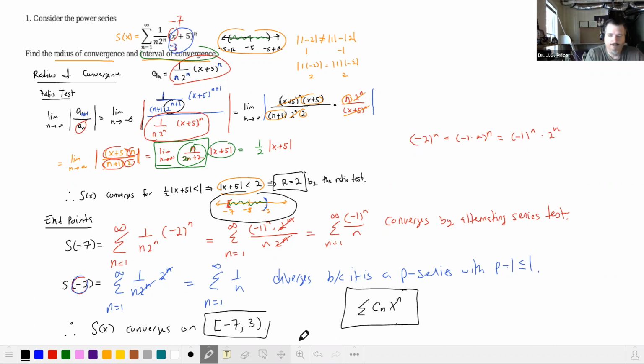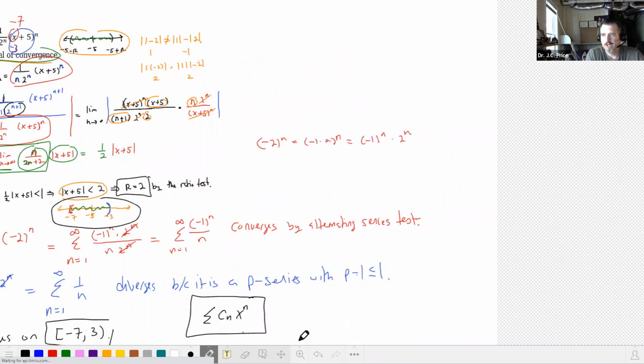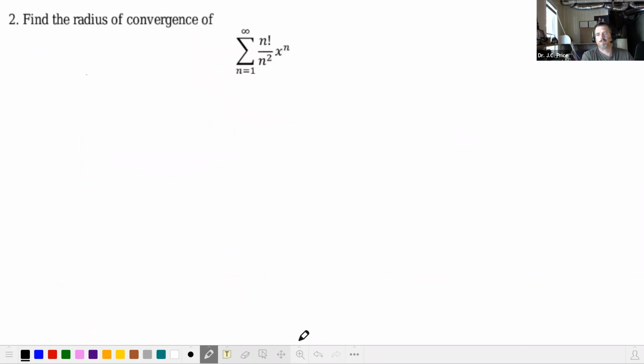Okay, so we have one more of these types of problems to do, but it's just finding the radius of convergence. All right, so let's look at this one here. So here's my power series S of x equal to the sum, n equals 1 to infinity, of n factorial over n squared times x to the n.